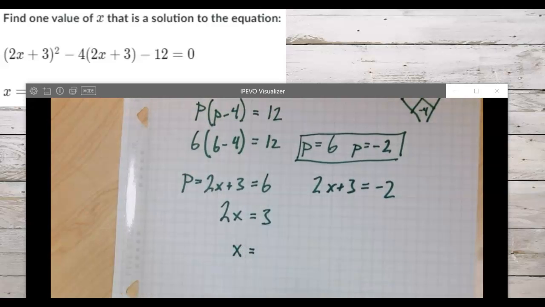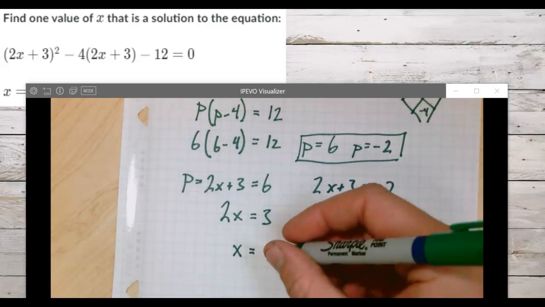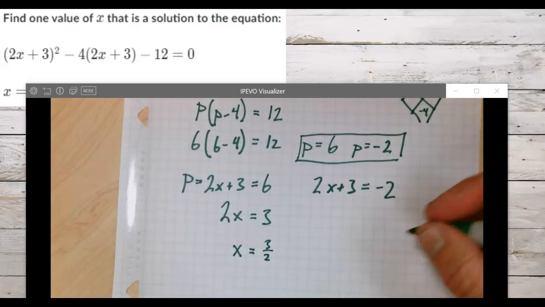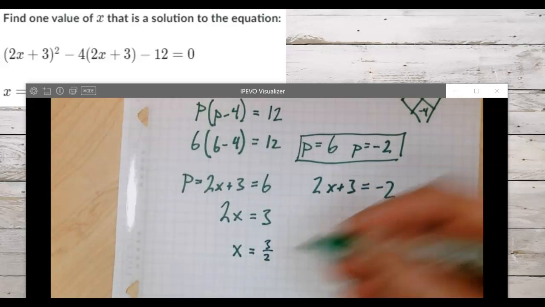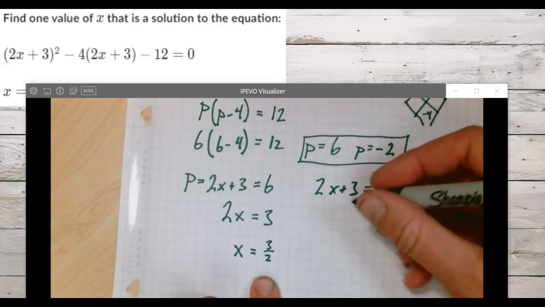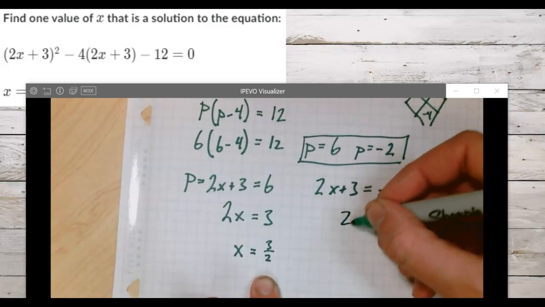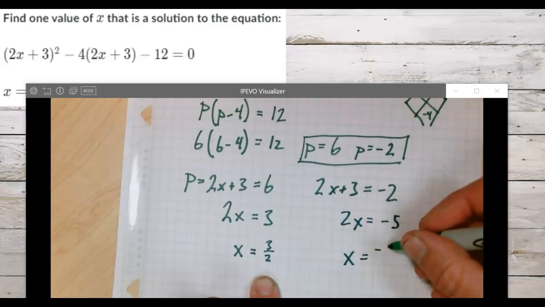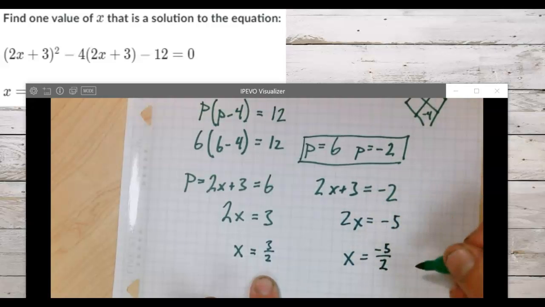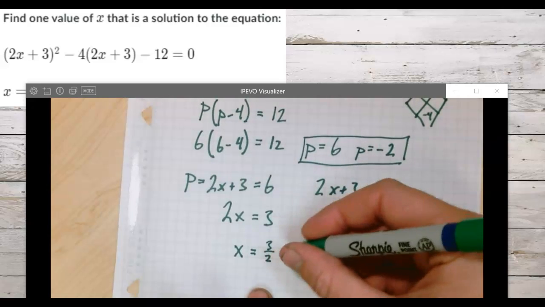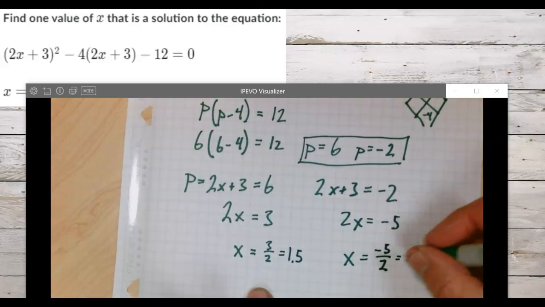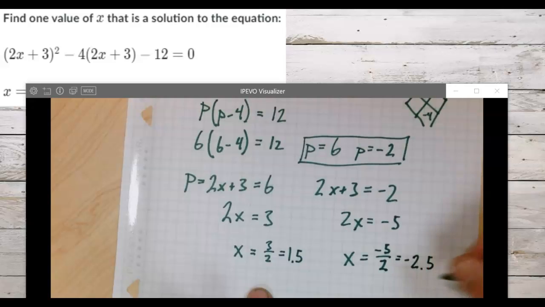Negative 2.5 or 1.5. Ooh, yeah, this. So I like working in rational values. So 3 halves, right? There's your 1.5. And if I subtract 3 here, this would be negative 5 equals 2x. And then x equals negative 5 halves. There's your other value that you just gave me. So 1.5 and negative 2.5.